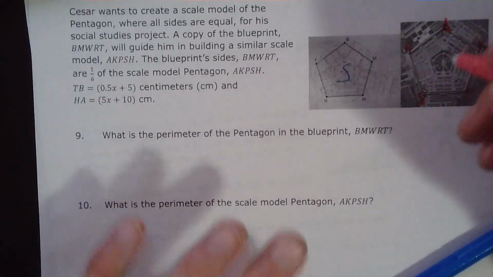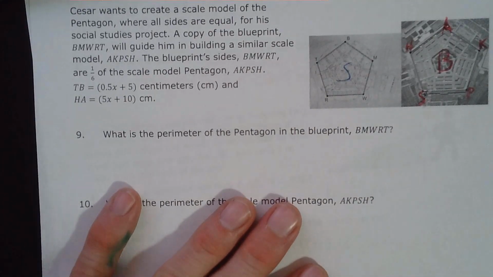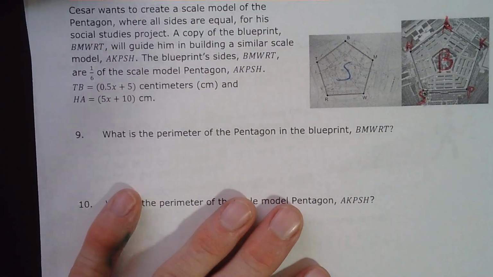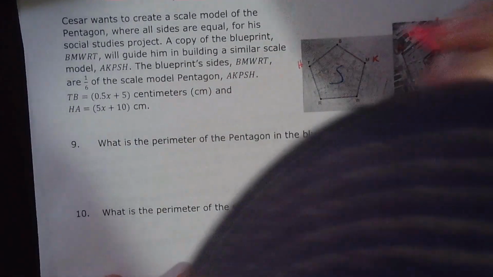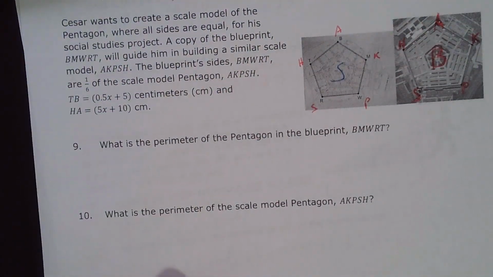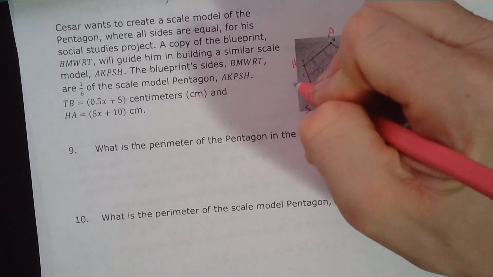Okay, so this is big and small. It really helps when you recognize that there's some letters there. Okay, so this is H. This is K. This is A. This is S. And this is P. And then TB is 0.5x plus 5. Make this blue.